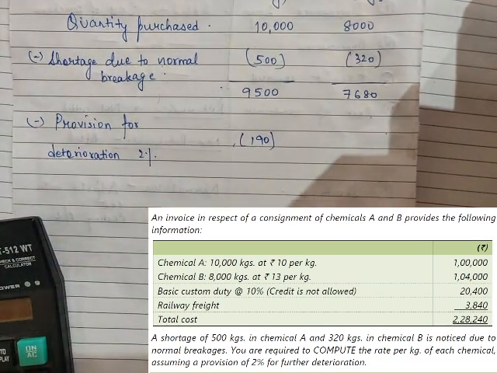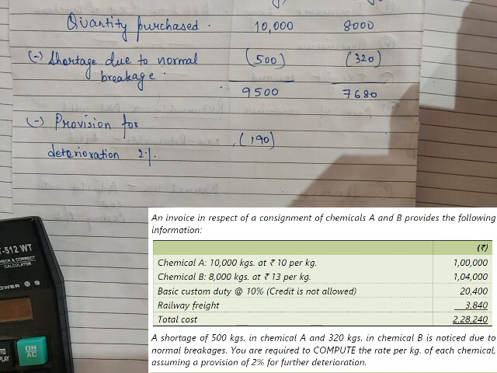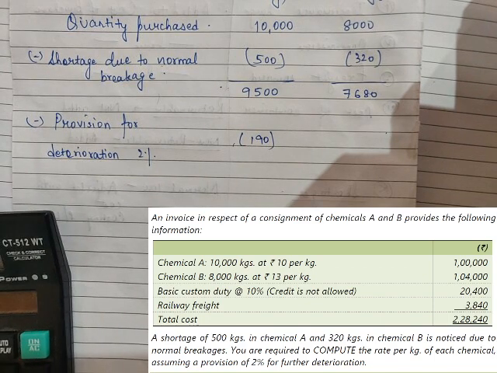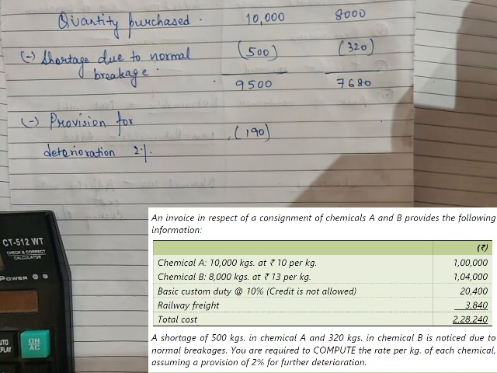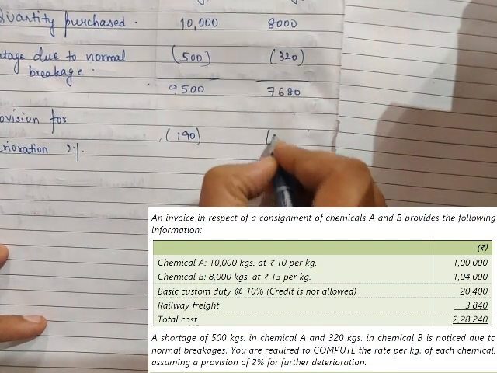Now since it is given for further deterioration, that is why we are calculating the 2% on 9500 and not on the quantity purchased of 10,000. Had the wordings been that make a provision for deterioration on the original quantity purchased, then we would have calculated this 2% on 10,000. So for chemical B, it will be 7,680 into 2%, giving us 153.6.